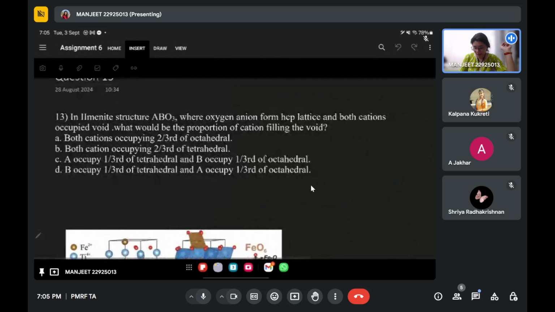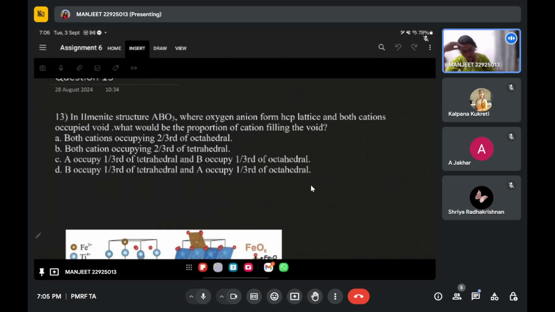Now we have the ilmenite structure, which has the formula ABO3, where the oxygen anions form the HCP lattice and both cations occupy the voids. What would be the proportion of the cations filling the voids?